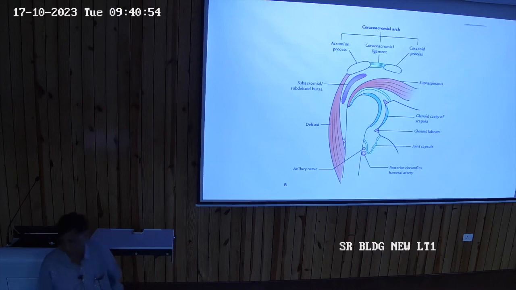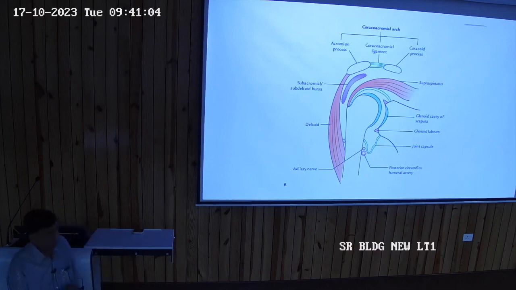I told you the function of the bursa is to provide free movement of the tendons of the muscles. So what is the function of the supraspinatus muscle? Anyone? Abduction of the shoulder joint up to 15 degrees is carried out by supraspinatus.